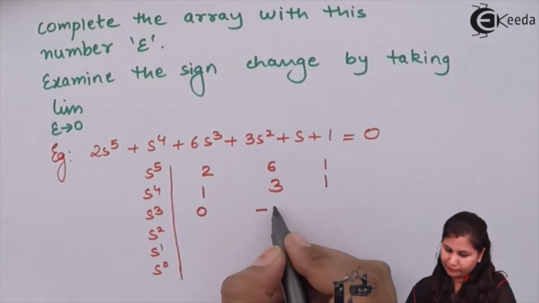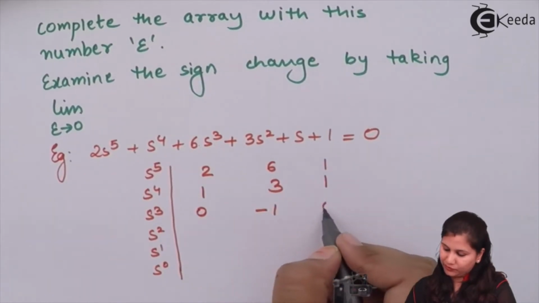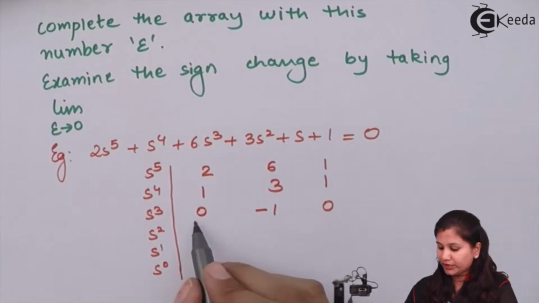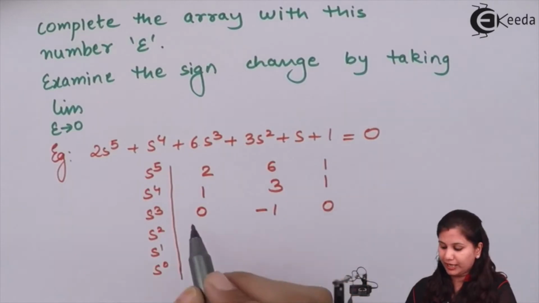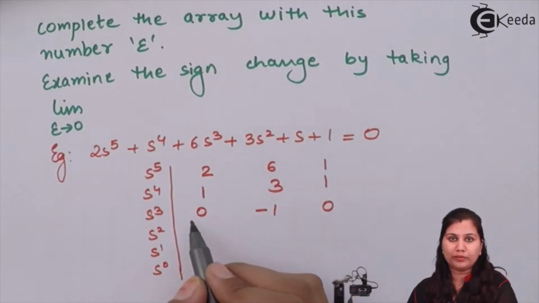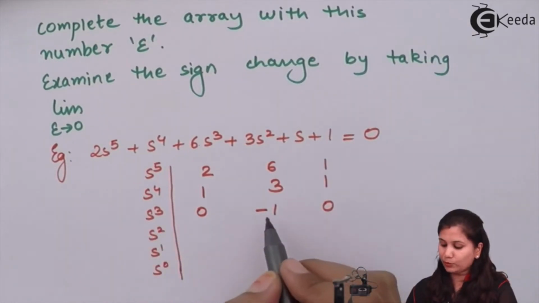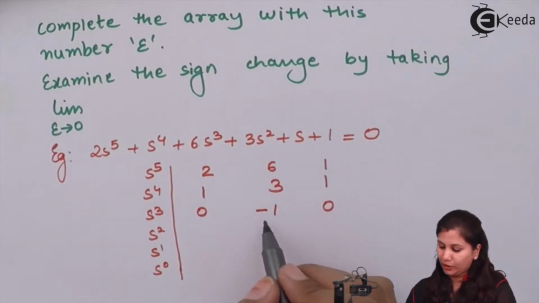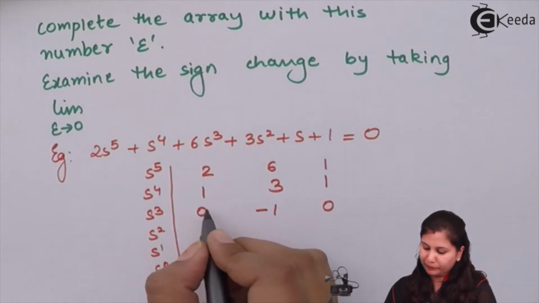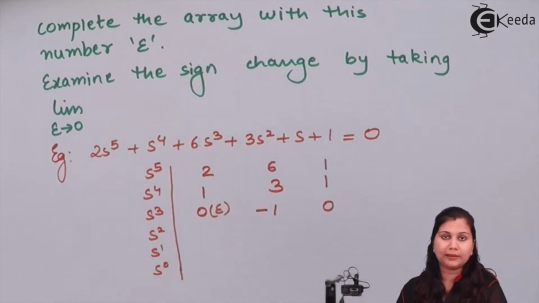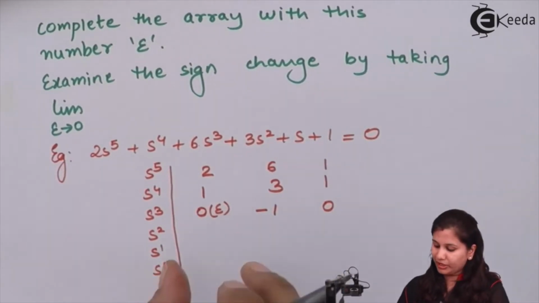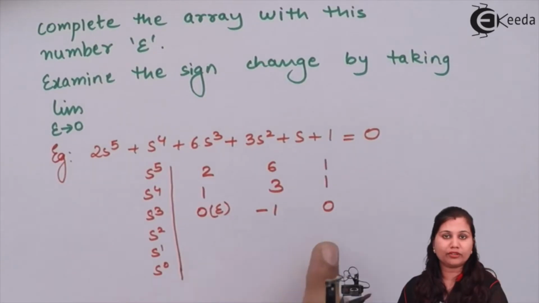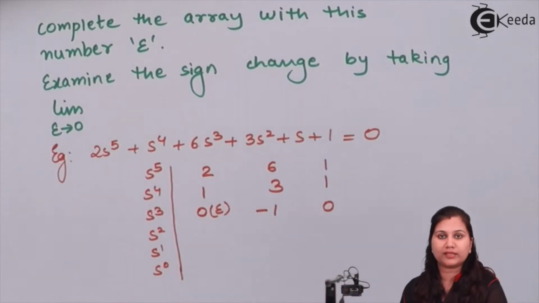So it will be minus 1 here. And next we will have 0. So here we have encountered the condition that the first element is coming out to be 0 and this row has one non-zero element. So what we are going to do, we will replace this 0 by epsilon, a positive number. Then we are going to build the rest of the Routh array by using this positive number.